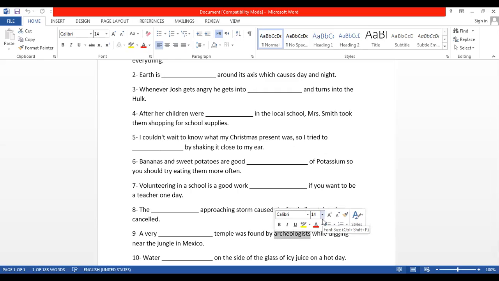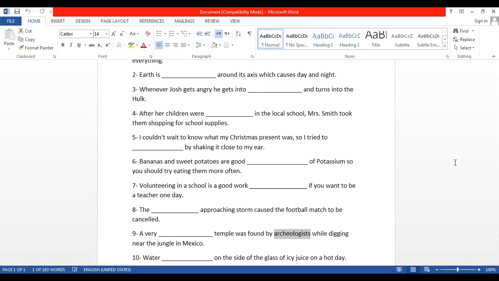Archaeologists are scientists who study really old stuff. For example, they are interested in studying the fossils, like the remains of dinosaurs. So I call these scientists archaeologists, and I've kind of answered this question.